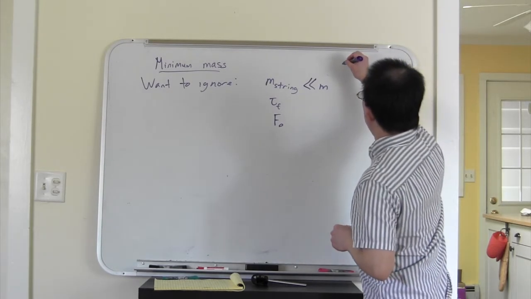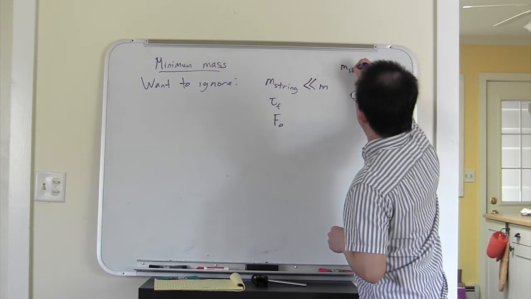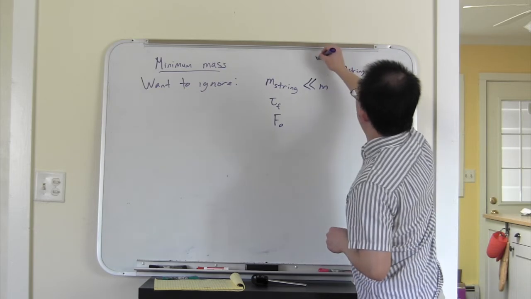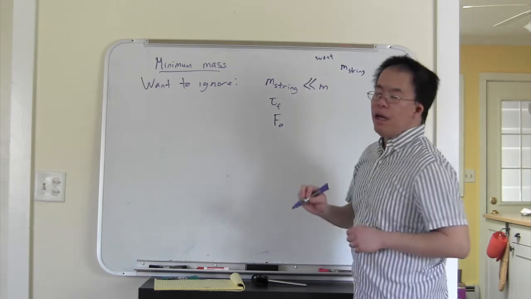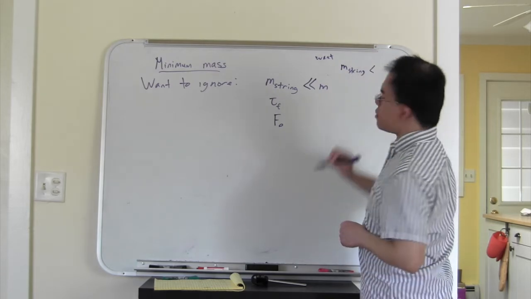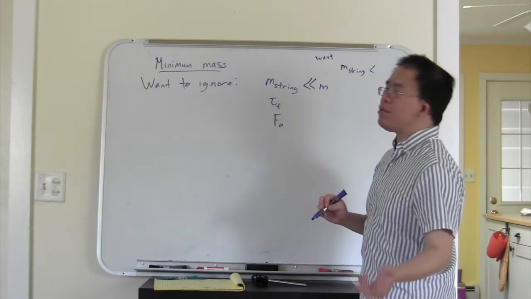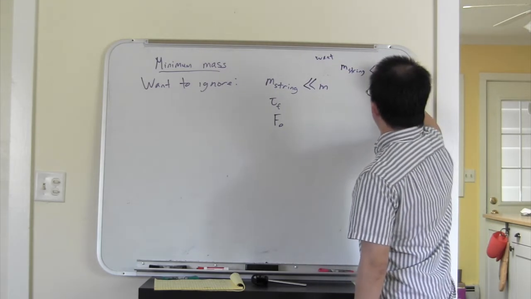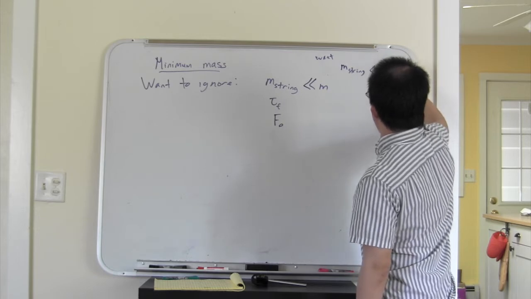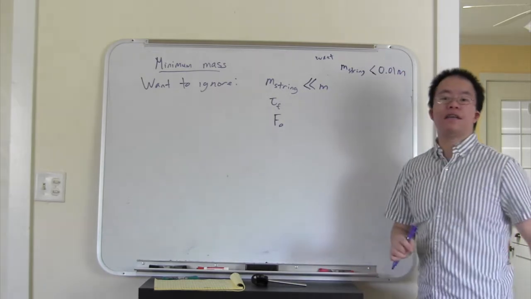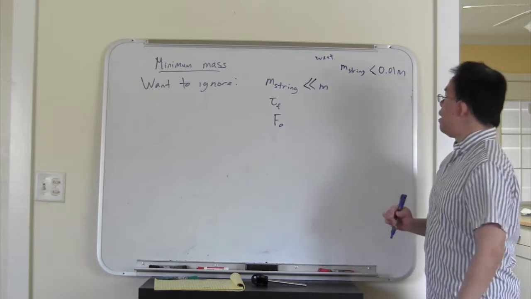So in particular, we want the mass of the string to be less than 1% of the total mass, so less than 0.01 times our hanging mass m.